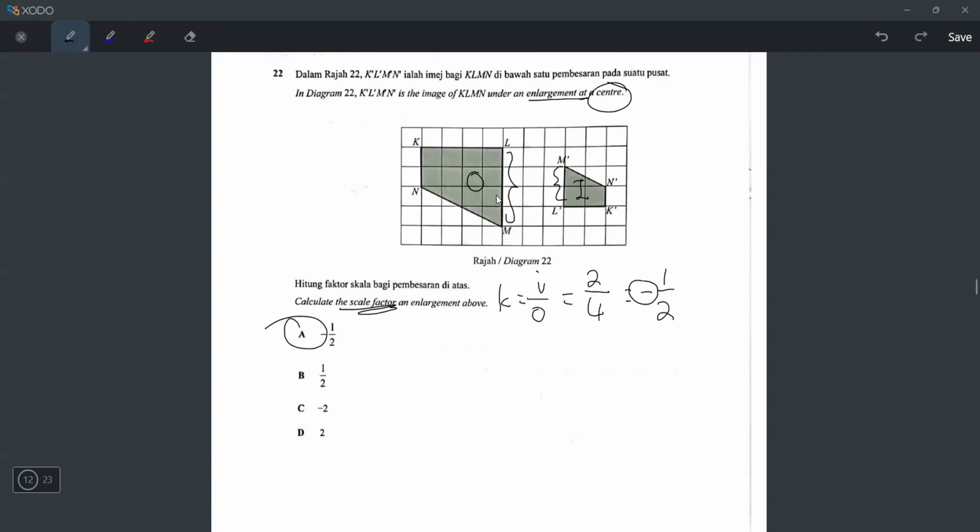I hope you know that. So if the scale factor is -1/2, it doesn't mean that it's getting smaller. The negative means that it's inverted. And the 1/2, can you see 1/2 is 0.5? It means it's getting smaller. The negative has nothing to do with the size. The negative is just telling you it's inverted.